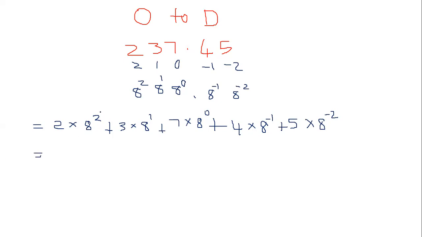So 8 to the power of 2 is 64. So this is going to be 2 into 64. Plus 8 to the power of 1 is 8, so 3 into 8. Plus 7 into 8 to the power of 0, which means 1, so it is 7 into 1.